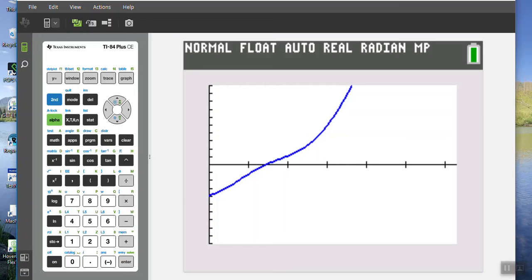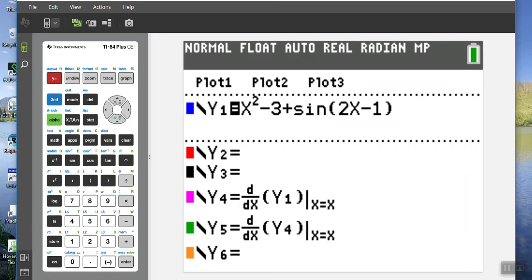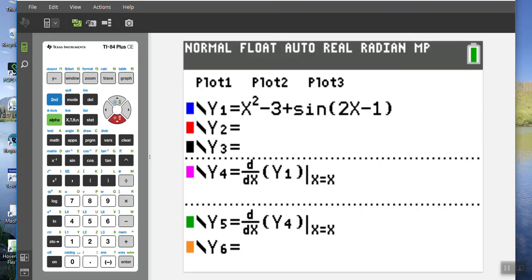Can you find points of inflection from this graph? Not easy, right? No. Okay, so let's go back to y equals, and we don't need to look at that graph.